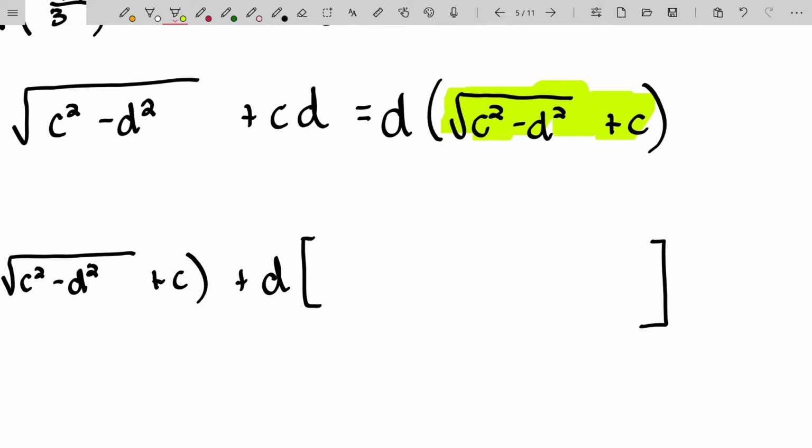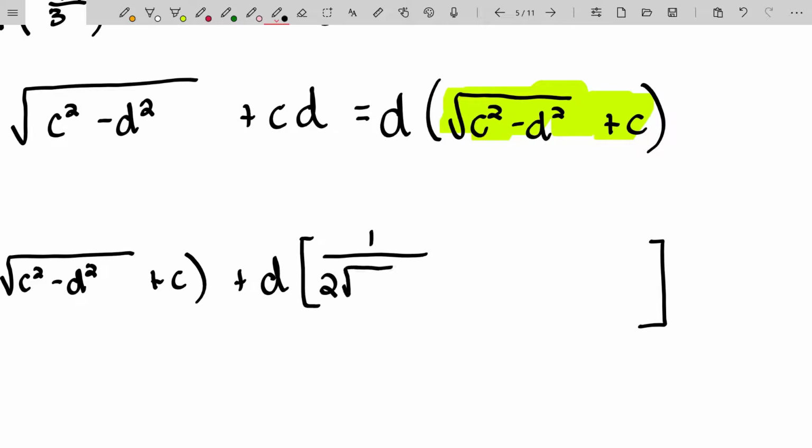All right, so the derivative of the square root is going to be 1 over 2 times that square root times the derivative of the argument, or the radicand, if you will. And remember, C is a constant, so that's 0, but the derivative of a negative D squared is a negative 2D. And then plus, like I said, 0.